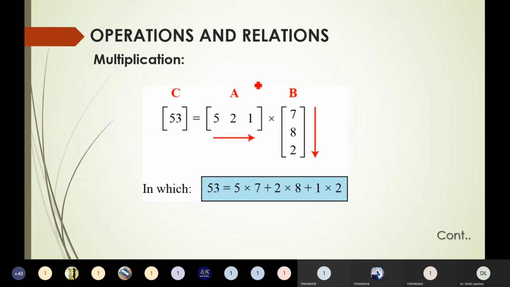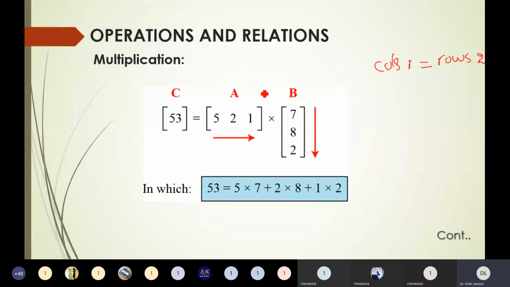But before that, what is the rule? In some cases the multiplication of two matrices is not possible. What are those cases? The number of columns in the first matrix should be equal to the number of rows in the second matrix.